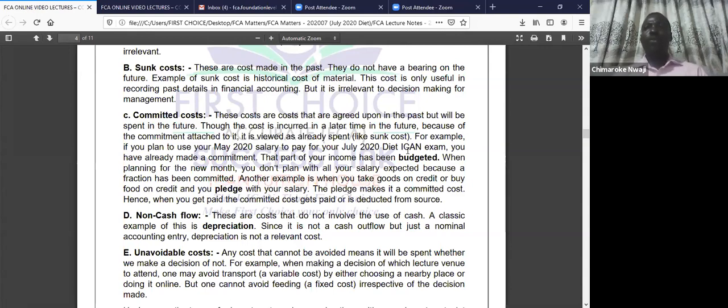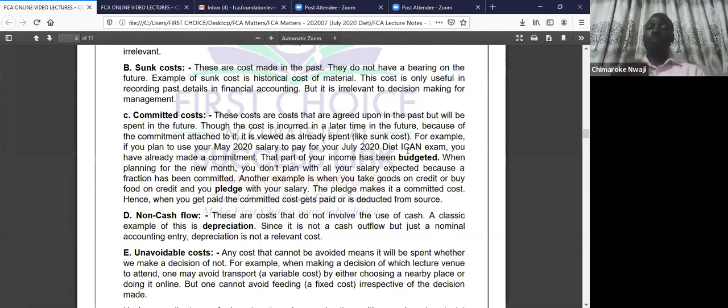Let's take, for example, you are being paid 100,000 naira every month. And for the ICAN exam, you are going to pay maybe 50,000 naira for the number of papers you are going to write. Now, you told yourself that I will use my June salary, or perhaps my May salary, to pay for my July 2020 exam. That means I'm going to take 50,000 out of it. Now, because you are saying I will, it's a future cost, right?